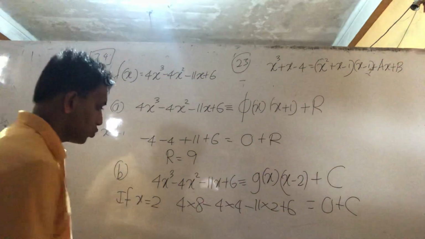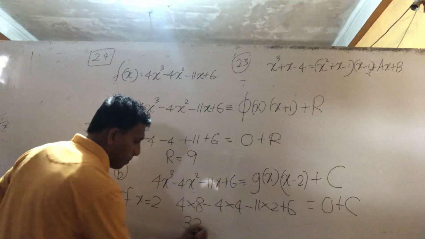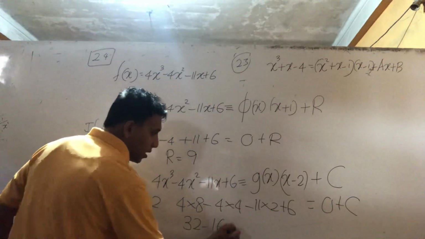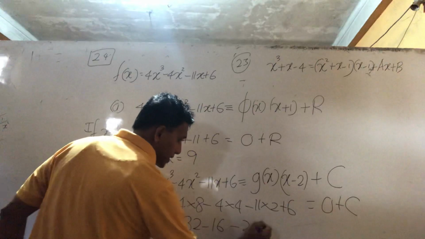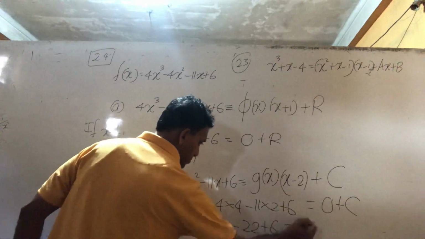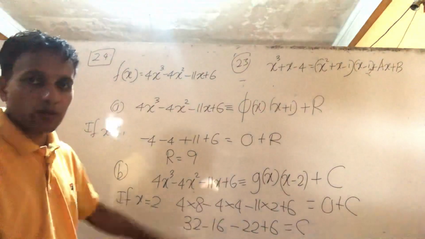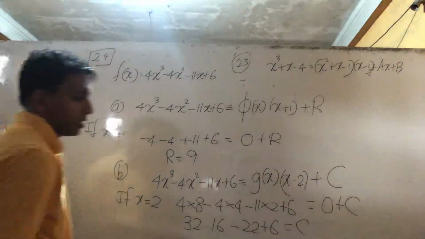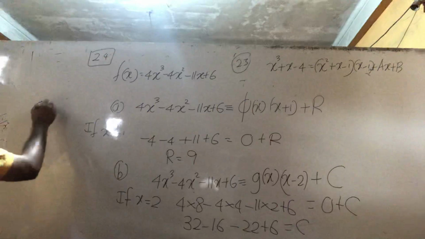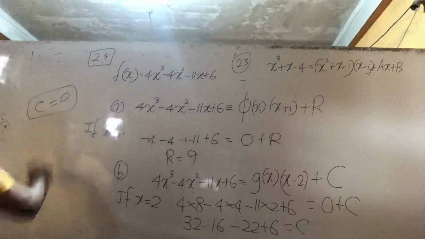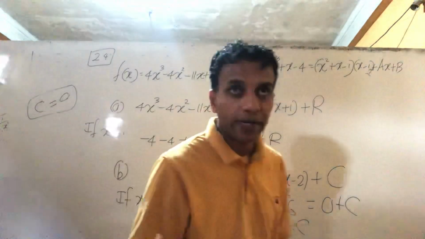Check that here: 32 minus 16 minus 22 plus 6. This is 0. C is 0. That means in the second part, no remainder.